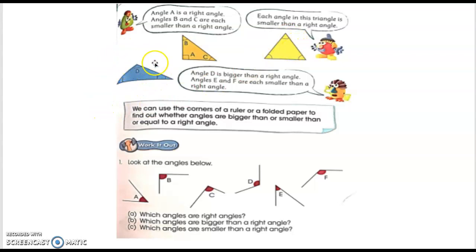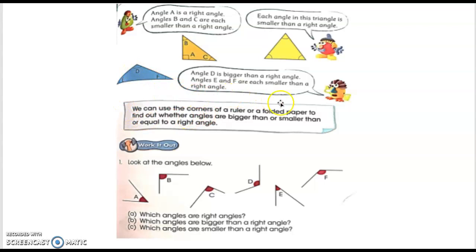Now look at this blue color triangle. This D, if you apply the 90 degree checker to D, the D appears to be bigger than 90 degrees. So this D is an angle which is bigger than a right angle, bigger than 90 degrees. Okay.